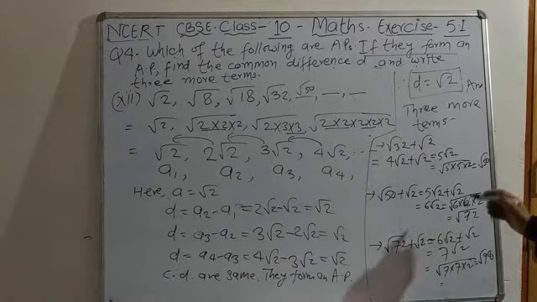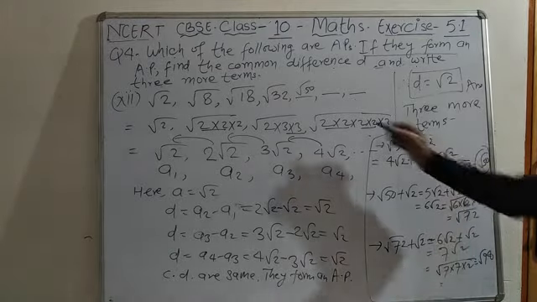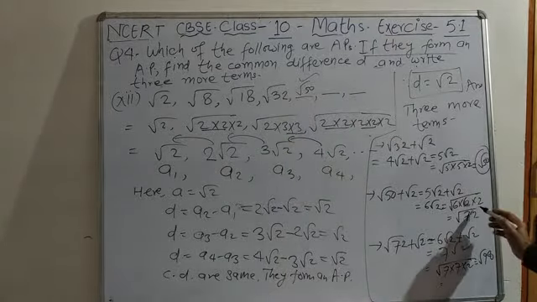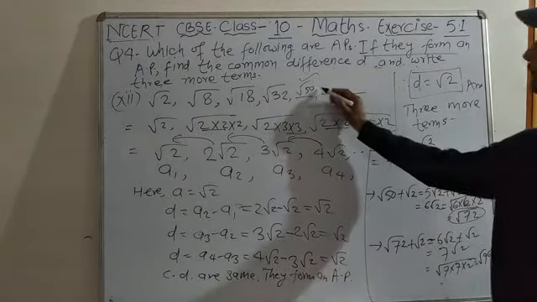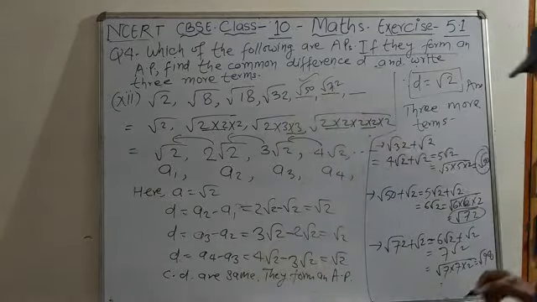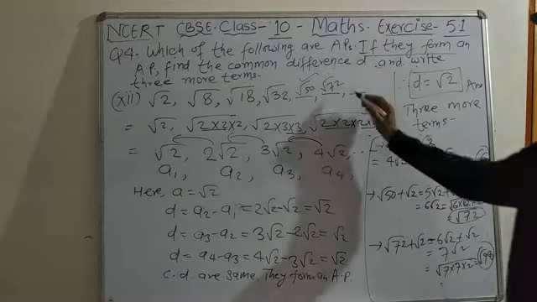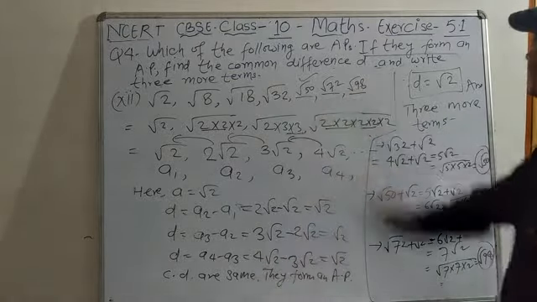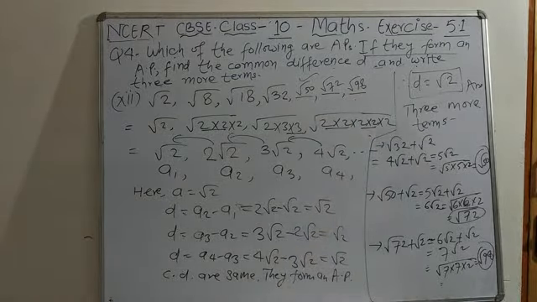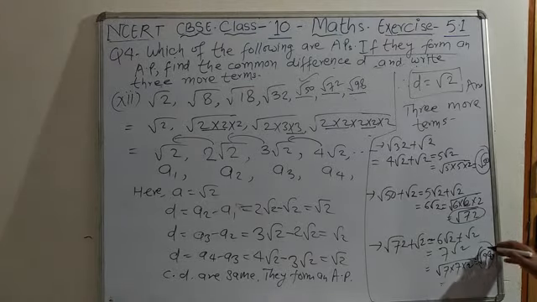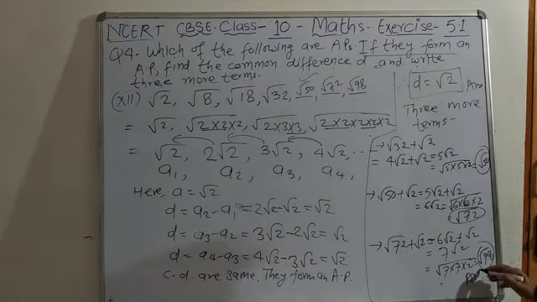That means it is root 50, the next one is root 72, and the last answer is root 98. So you can do it that way. So these are the final answers.